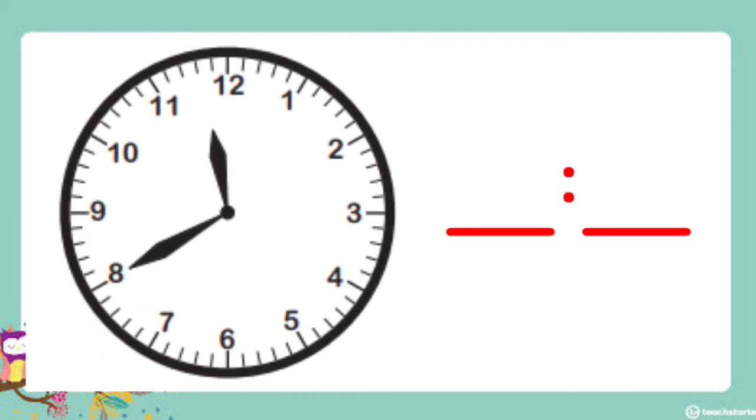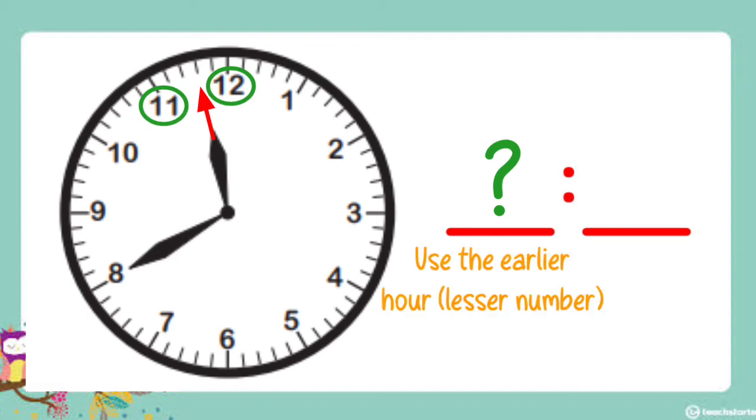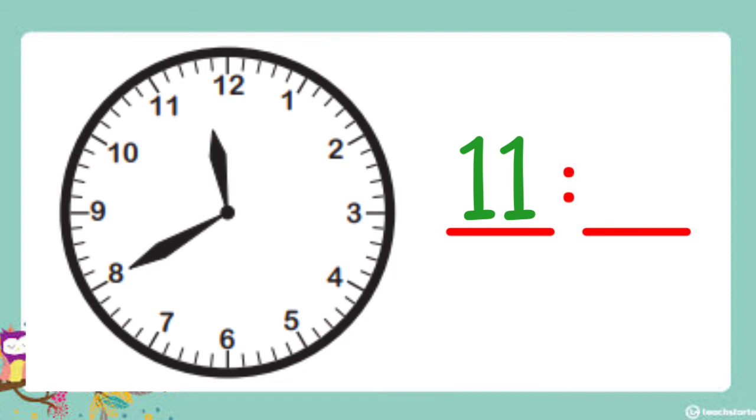Alright, let's start with finding the hour. The shorthand is pointing between 11 and 12. What should we do again? Use the earlier hour or the lesser number. And on this clock, it is 11. Therefore, we should use 11. Now, let us have the number of minutes. The minute hand is pointing at 8.